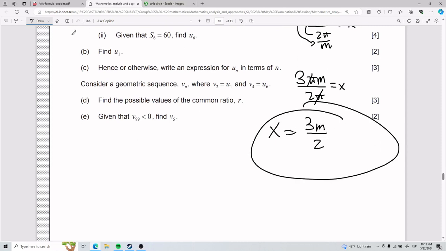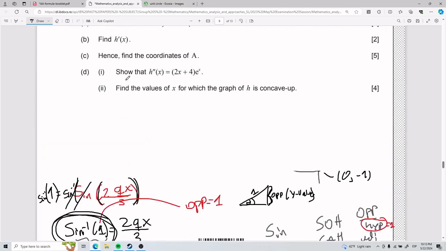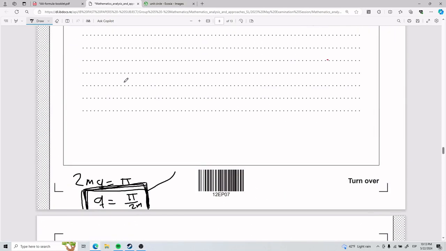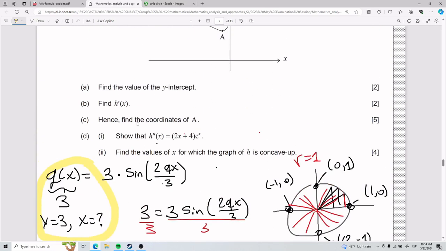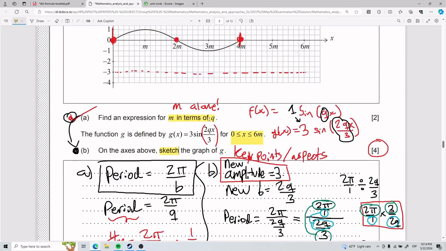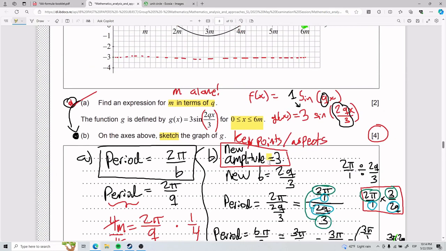And this, ladies and gentlemen, let's recall, comes from the fact that at some point, where is it? Here. At some point, you plugged in 3 for y. So you were asking your function, when y is 3, what is x? And why did we choose 3? Because the new amplitude from here was 3.